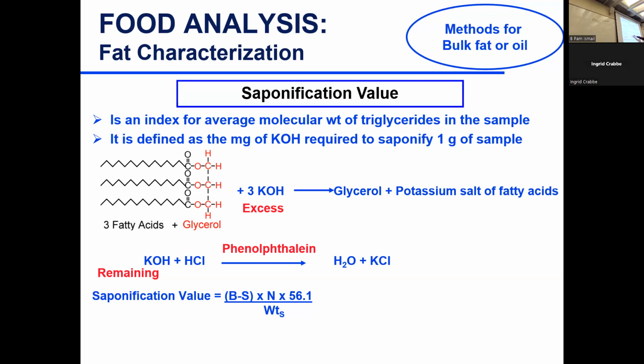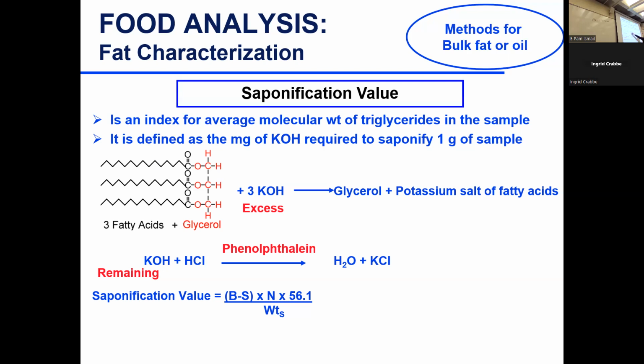Again, you run a blank. The blank will not have your oil, so all of your KOH is there. Therefore, the blank will need a higher amount of HCl to reach the endpoint.